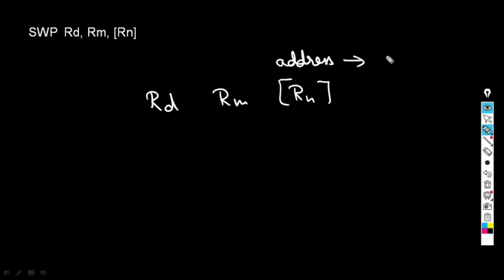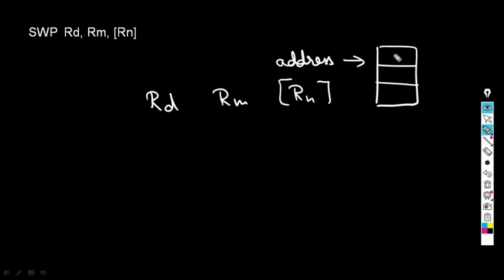What happens here is we have three registers RD, RM and RN. RN is not holding a value, it holds an address which points at some particular memory location, and this location will have some data.